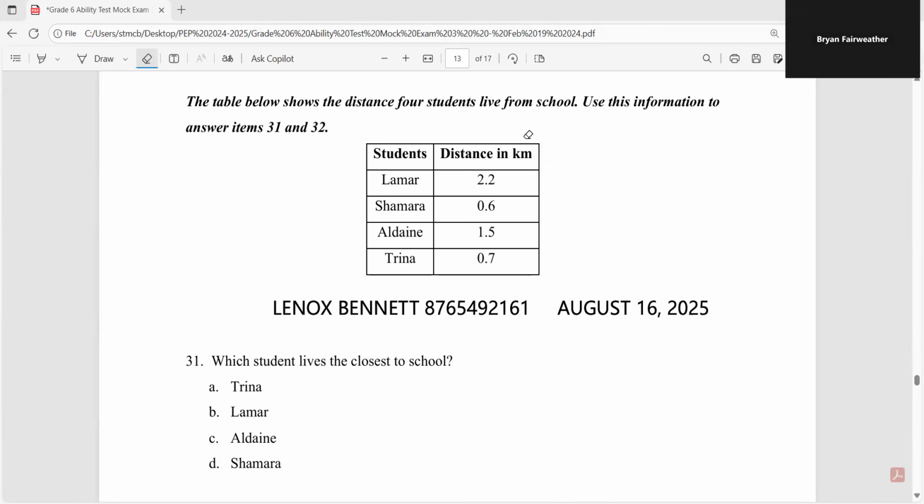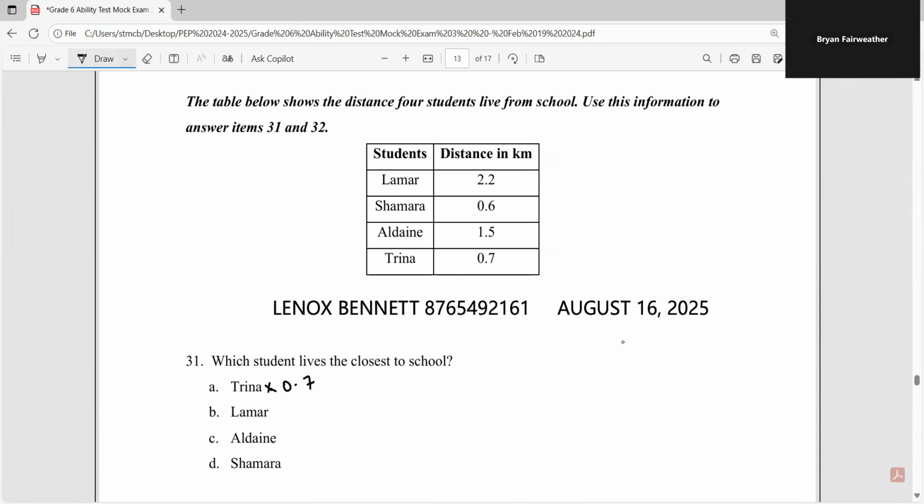It says for 31, which students live the closest to school. It couldn't be Trina, even though she's 0.7 meters or kilometers away from the school, still is the closest one. Lamar is the farthest one, so I can't pick it. C.